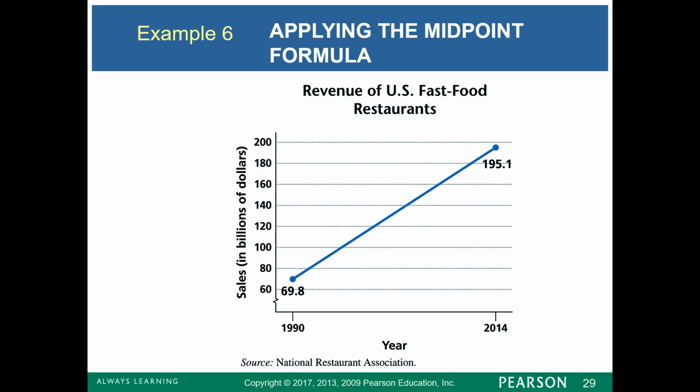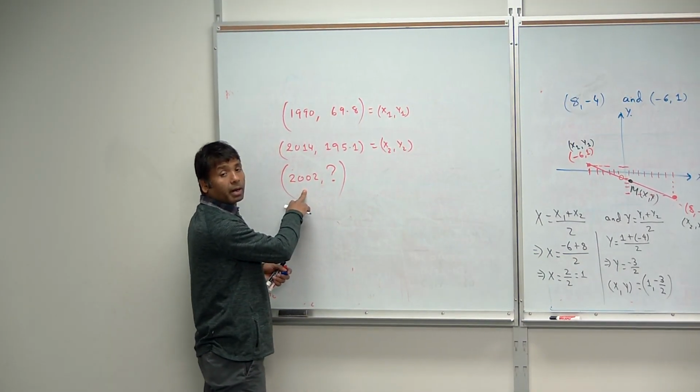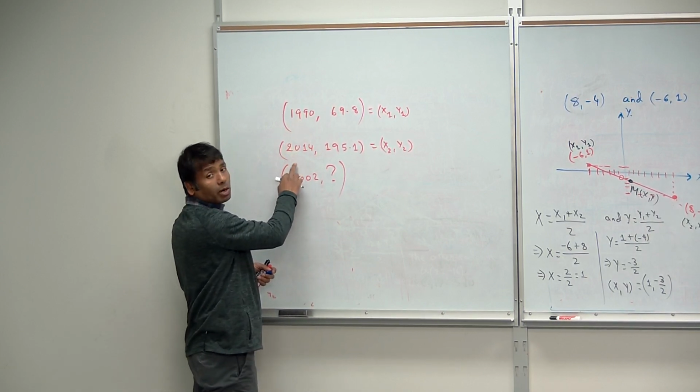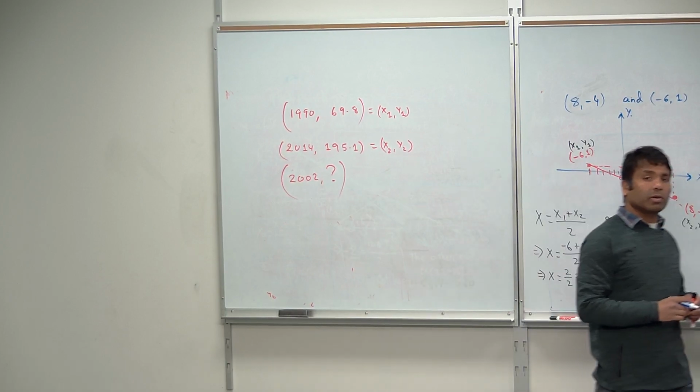So this is the graph. You see that? In 1990, the revenue is 69.8 billion. In 2014, it is 195.1 billion. So this 2002 is in the middle, between 1990 and 2014. Is that right?